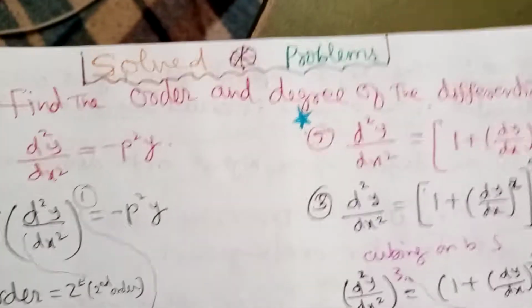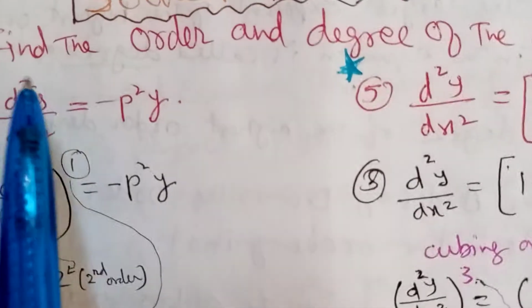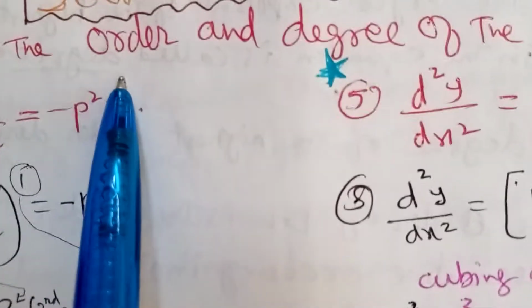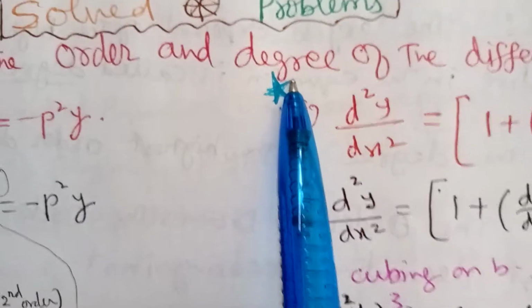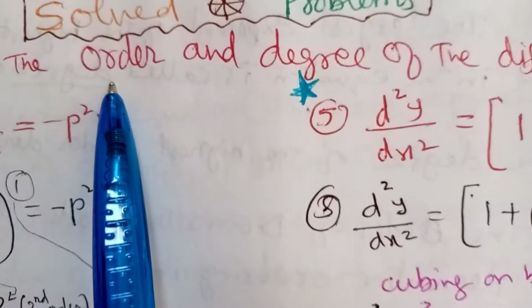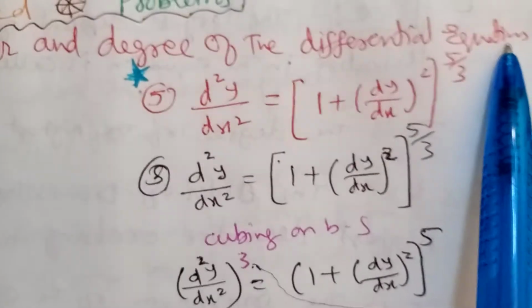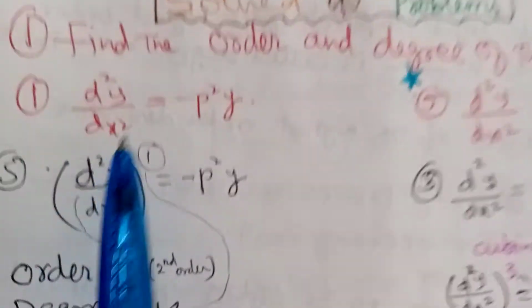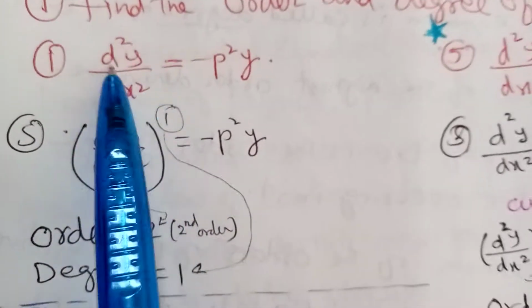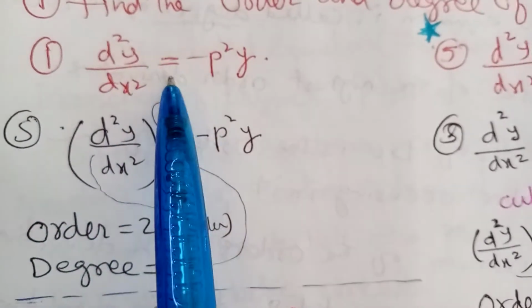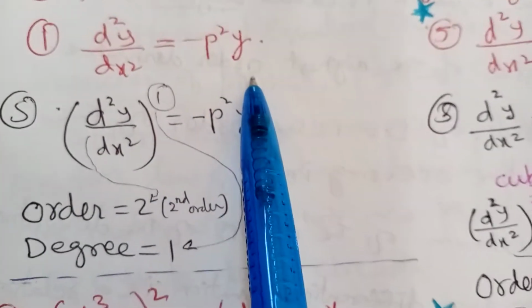These will be asked for 2 marks. Find the order and degree of the differential equations. Now first problem, d square y by dx square is equal to minus p square y.